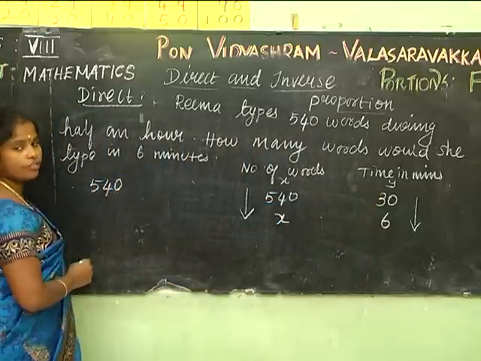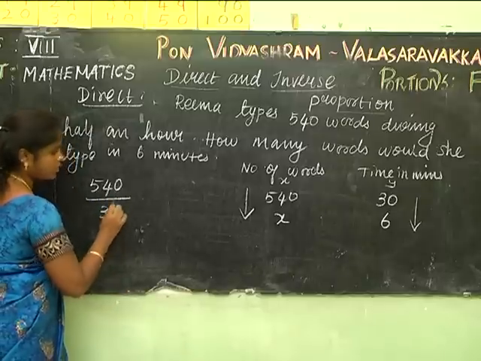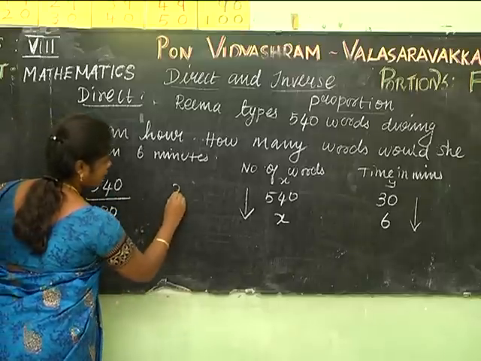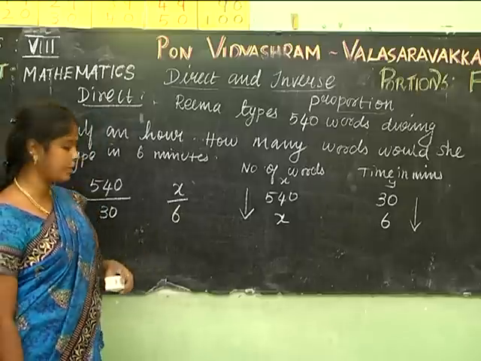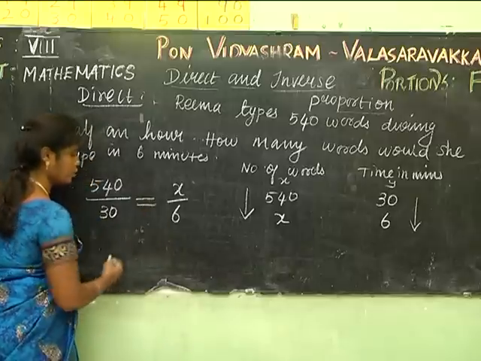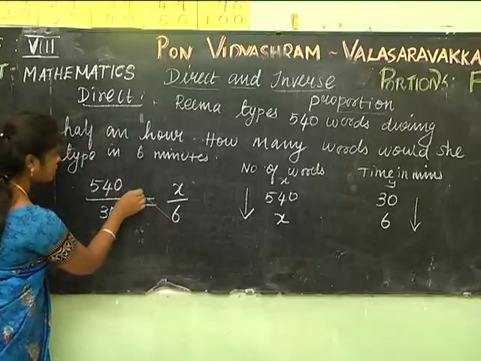So first we'll find the ratio of first x and y: 540 divided by 30, and the second ratio is x by 6. We know that both the ratios are equal in direct variation. So equate both the ratios, then simplify this by cross multiplication. So cross multiply this 6.